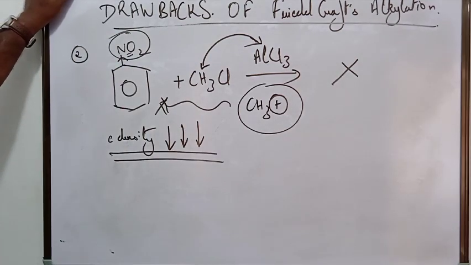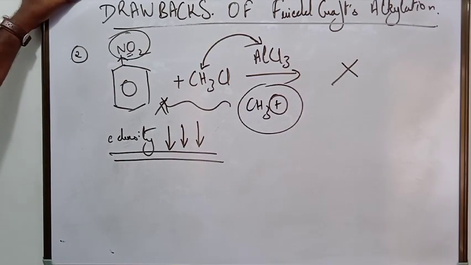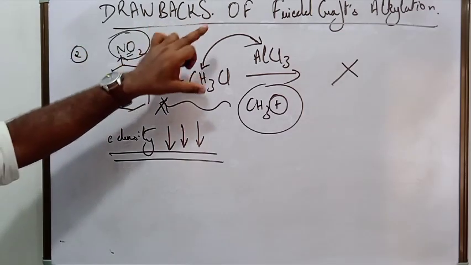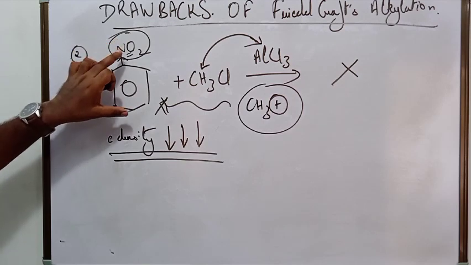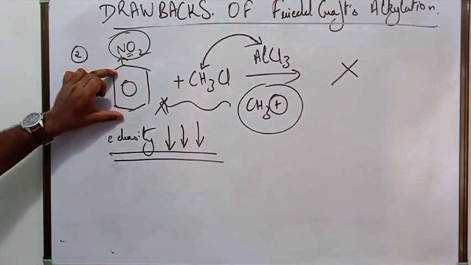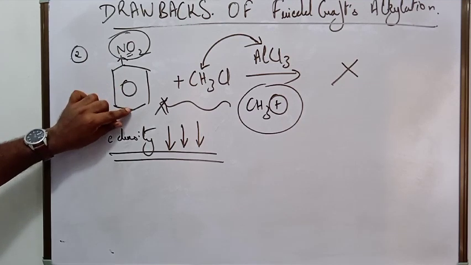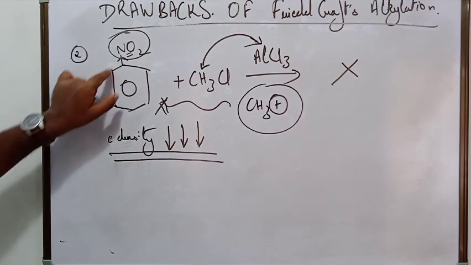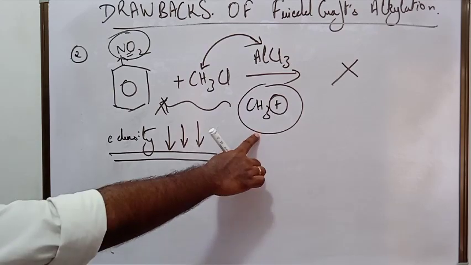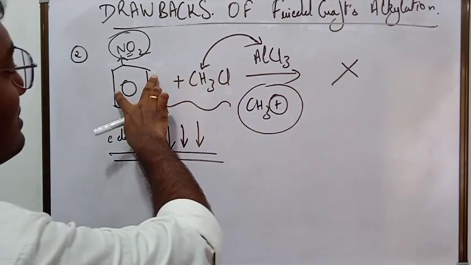So that is the problem. So that is the second limitation: the Friedel-Crafts alkylation reaction won't take place if an electron withdrawing group is linked to the benzene ring, because it decreases the electron density of the benzene ring drastically. So the electrophile won't feel any attraction towards the benzene ring.